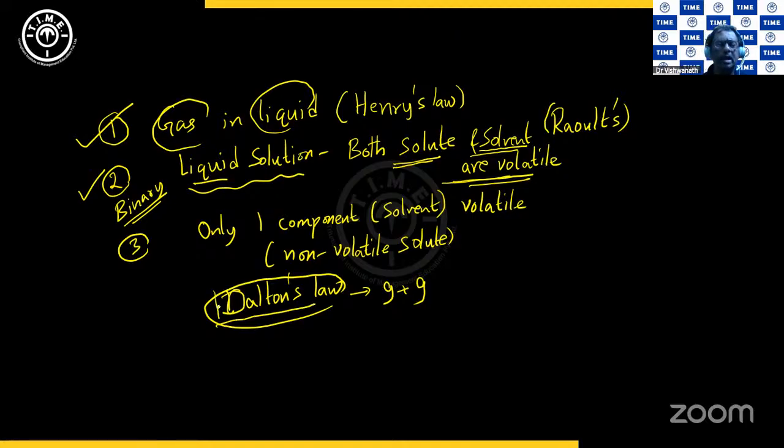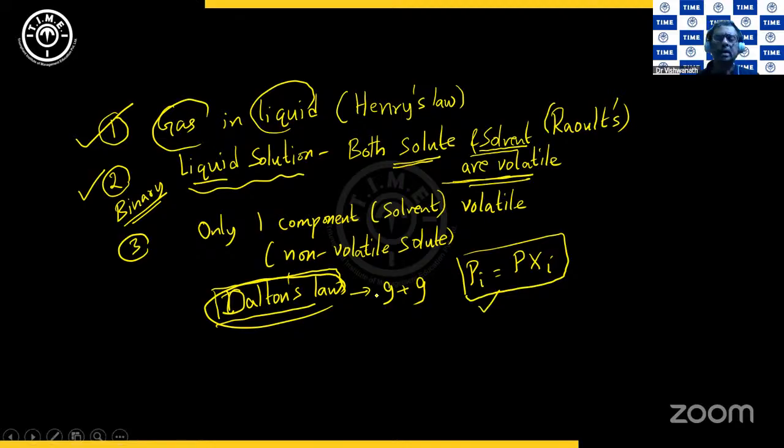The main idea is taken from Dalton's law, where the partial pressure is total pressure multiplied by mole fraction. This form of the equation is common for all three, whether it is Dalton's law, Raoult's law or Henry's law. Clear? We might have seen the mathematical form of both laws. In this session, we will be continuing this.